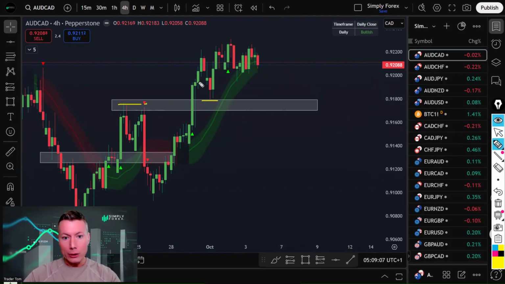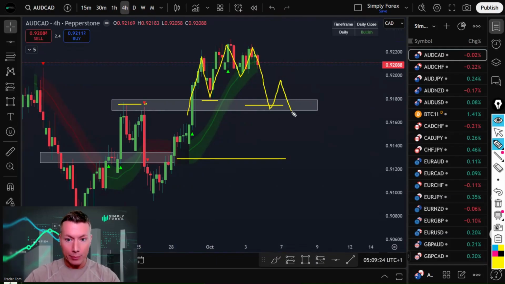Now, let's imagine it does retrace to that level. In order to retrace to that level, we are going to see a H4 structure break. So, maybe it reacts here, maybe it reacts down here. But what I'm looking for is then for H4 trend to build back up. Maybe we get something like this, and then we can start trading Aussie dollar, Canadian dollar. So that's exactly what I'm looking for in terms of price action.